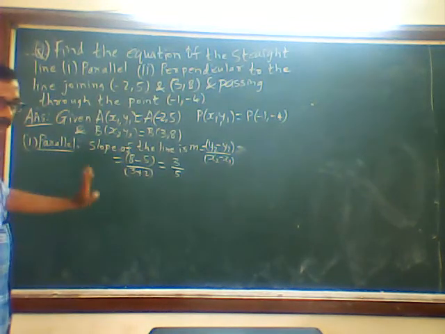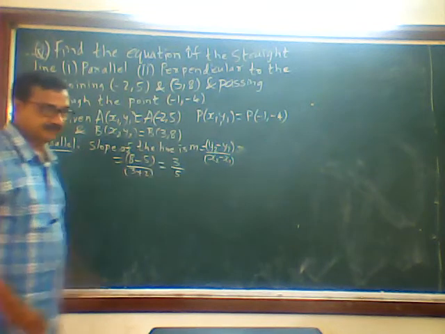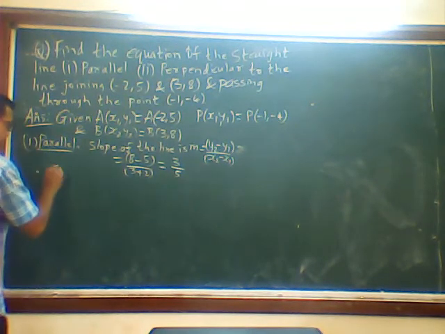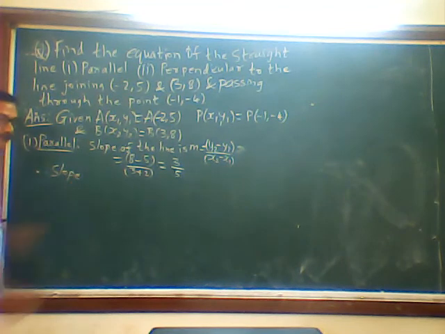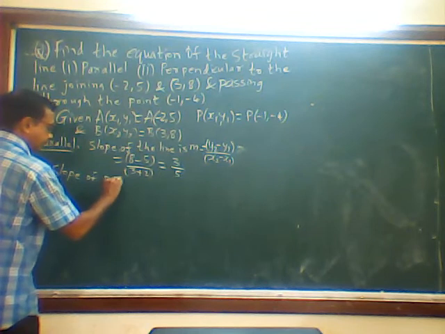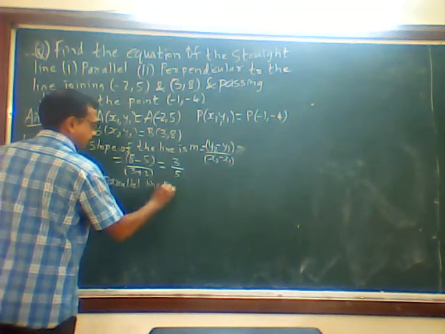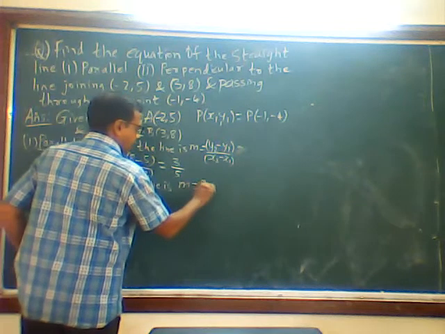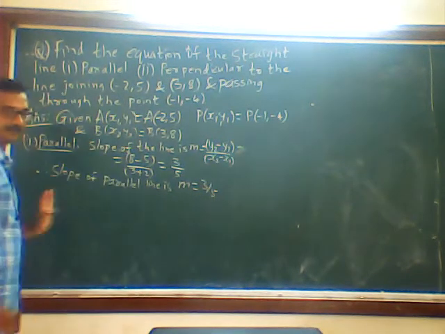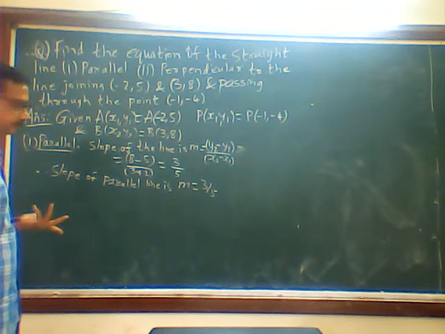That is what I got as the slope. Since it is parallel, it will be the same. Therefore, the slope of the parallel line is the same, m is equal to 3 upon 5. Parallel slopes are the same, m1 is equal to m2.